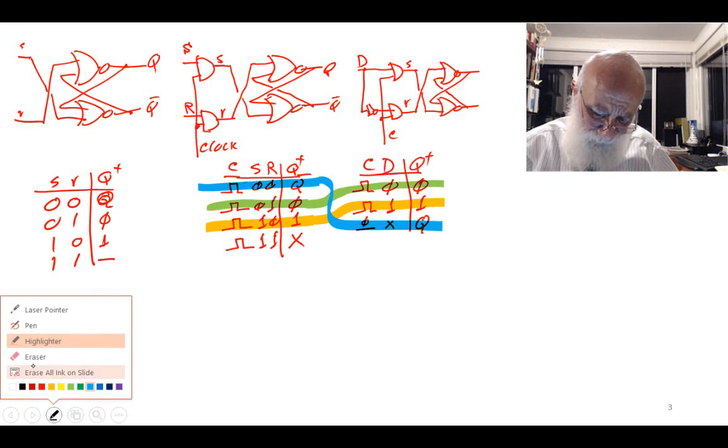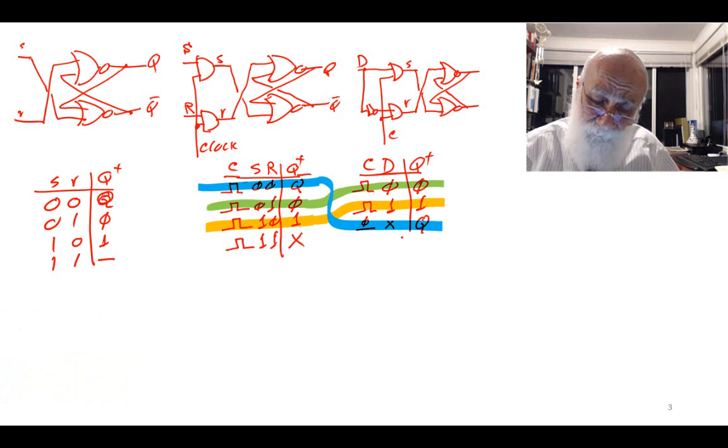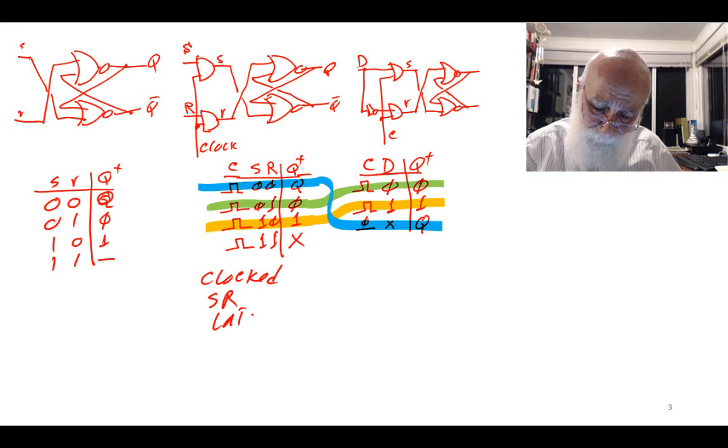This is going to be called from now on a clocked SR latch. This one a clocked D latch.